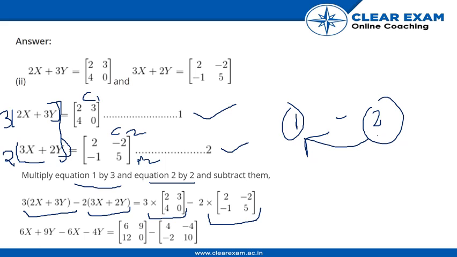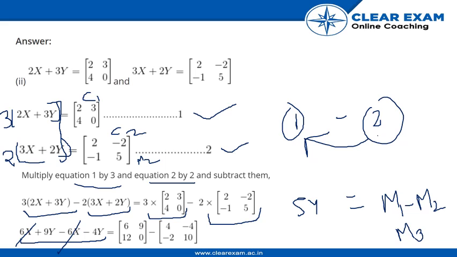So what do we get? We get 6x plus 9y minus 6x minus 4y. So 6x and 6x get cancelled, and finally we have 5y is equal to some matrix, that is m1 minus m2. This will give us another matrix, that is m3.